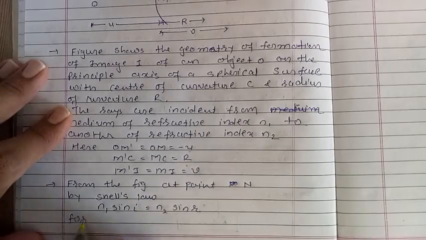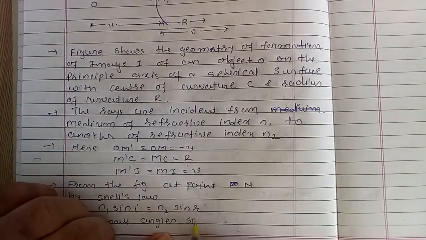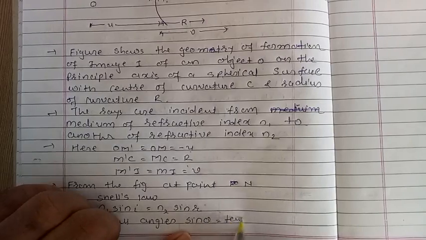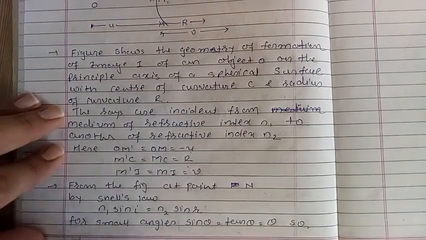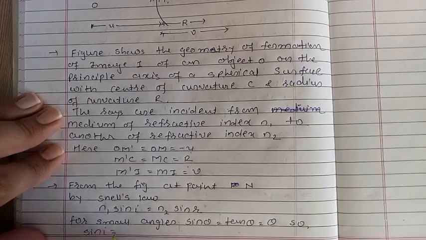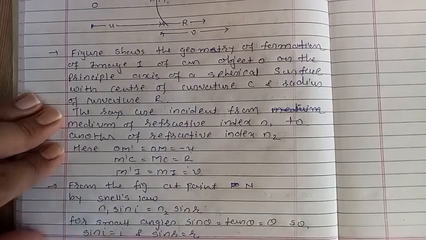So we can write that for small angles, sin theta is equal to tan theta is equal to theta. So sin i is equal to i and sin r is equal to r.